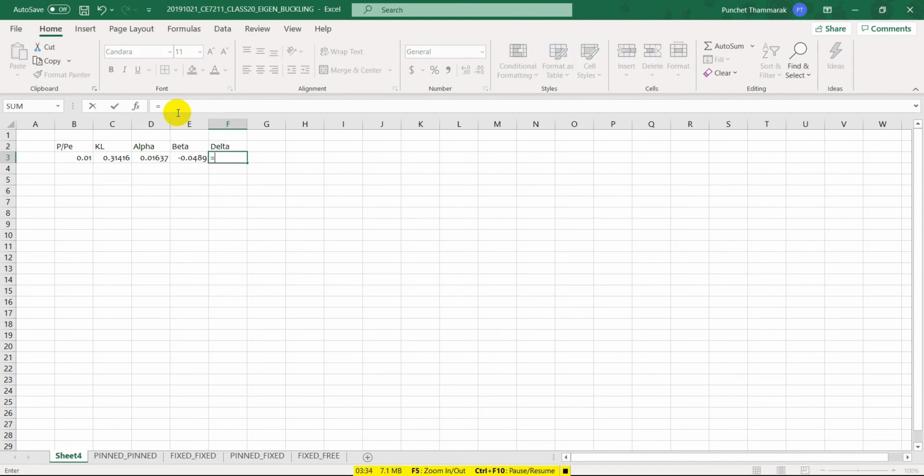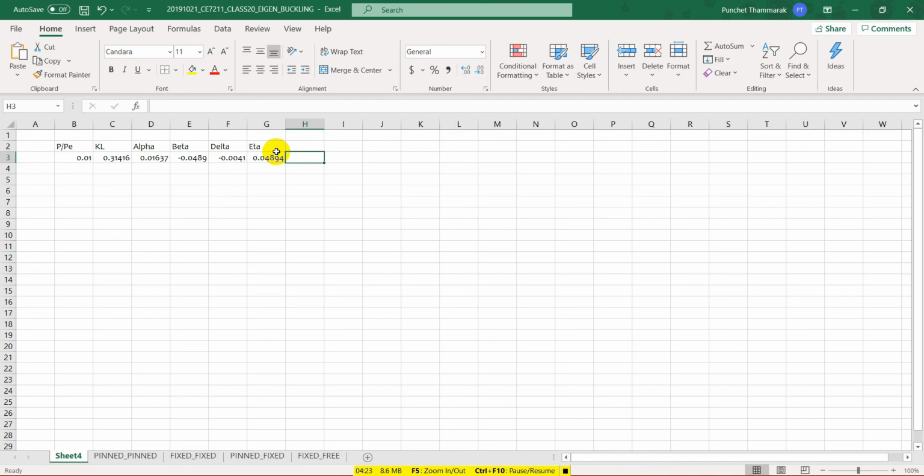Delta equals to 1 over KL square minus 0.5 minus cosine of KL divided by KL square, and then the next one we need the eta, which is actually 1 minus cosine KL. Actually it's the same as beta.